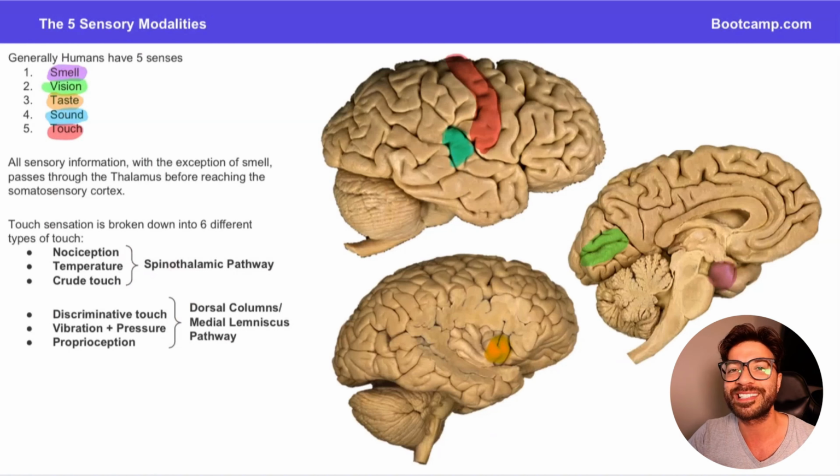Whereas if you perform the same 2-point prick test on the back, you don't have as many discriminative sensory receptors there. So it might seem like you poke them in the exact same spot, even though you poke them in 2 different spots. So that is discriminative touch. And we also have vibration and pressure, as well as proprioception. So knowing where the body and the limbs are in space and with respect to one another.